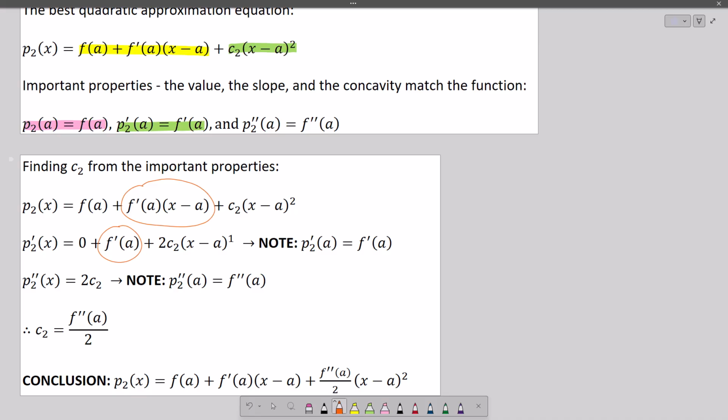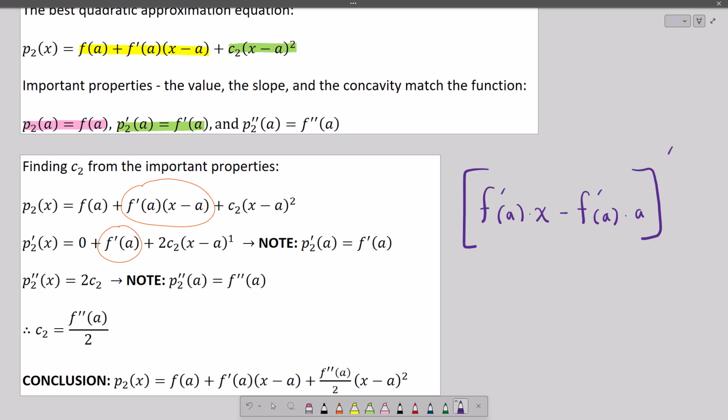Do you agree? f prime of a is a constant. That constant gets multiplied by x. That constant gets multiplied by a, which is also a constant. So when you differentiate this here, if you were to write that out, you have f prime of a multiplied by x minus f prime of a multiplied by a. So if you differentiate that, this part's just a constant.